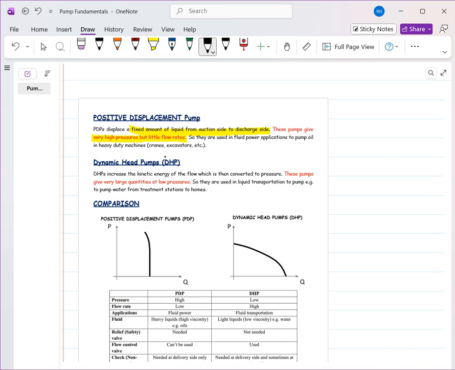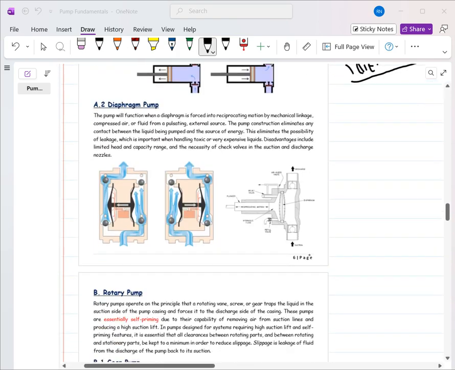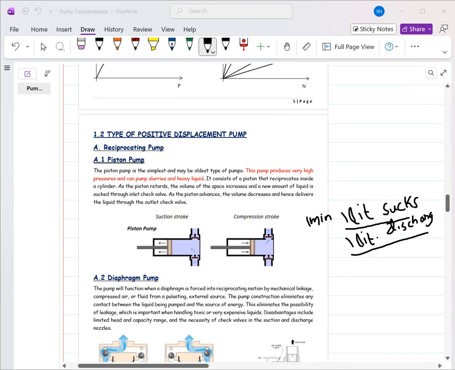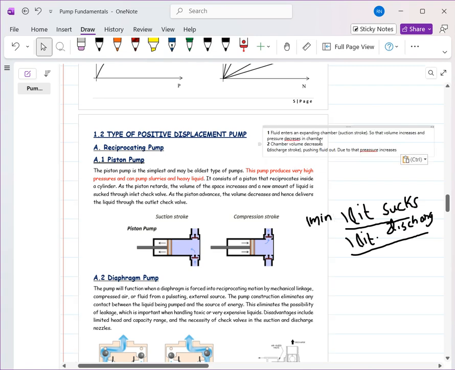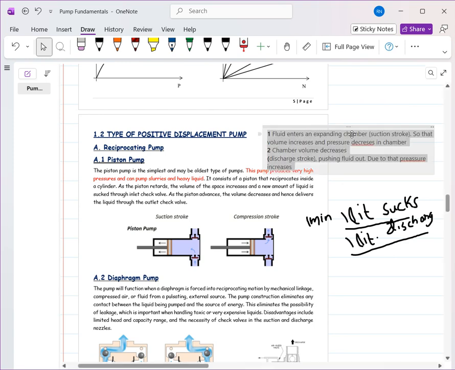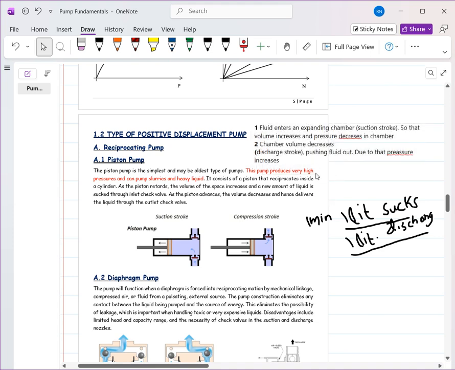These pumps operate on the principle that a definite quantity of liquid is discharged or displaced due to the positive displacement of working elements like piston, plunger, gears, etc. For example, fluid enters an expanding chamber.